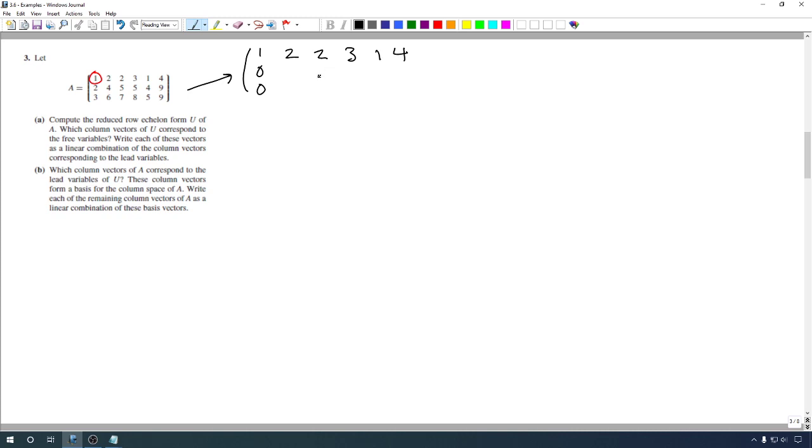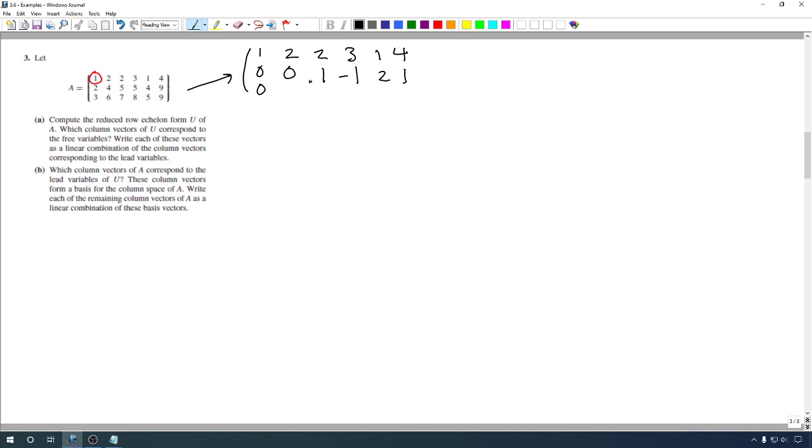And then what do we get in the rest of it? Well, we're just going to subtract 2 times that first row from the second row. That gives us a 0 here. It also gives us a 0 here. And then the other ones, I'm going to go through a little quicker than the last one. We'll get a 1, -1, 2, and just +1.